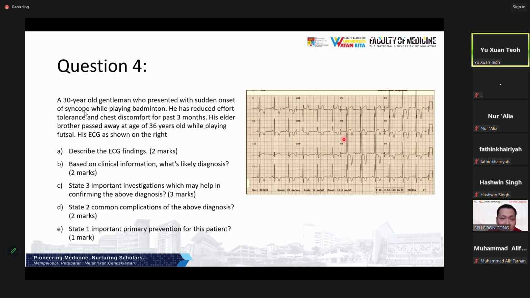Your MRI. Okay, MRI. Why? Because you want to look for where the problem is. The MRI can tell you which part of the muscle is fibrosed. Okay, and the third test is genetic, because you want to know which type of genetic problem the patient has, because HCM has different genes.